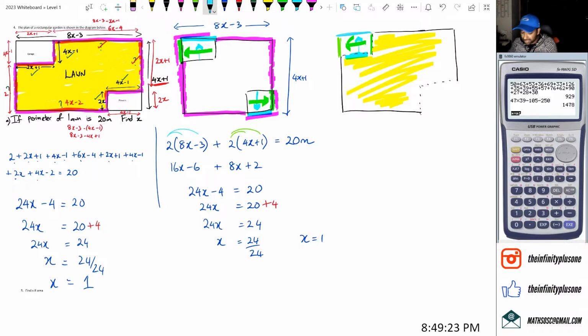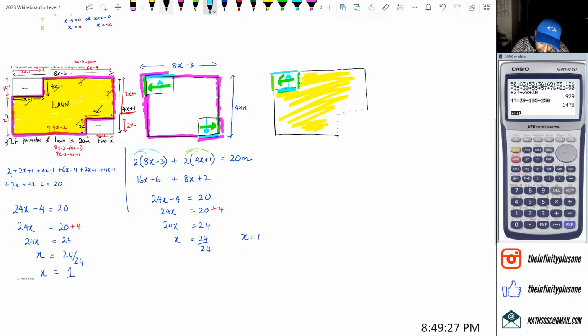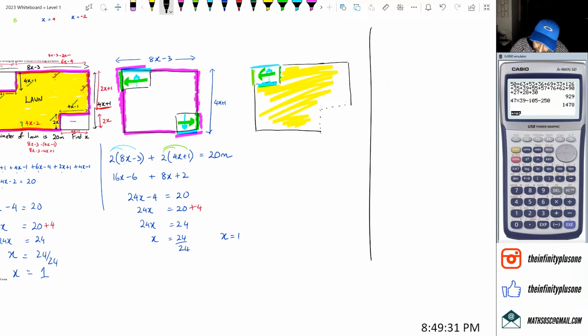So let me give you another example, all right? While we're here, I might as well give you this idea. Sometimes your shape would look like an L shape, right, like this.